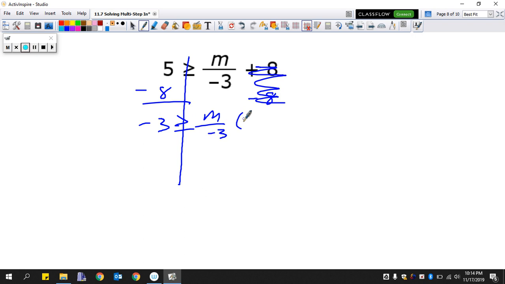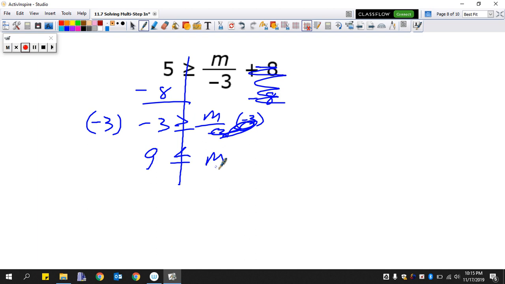So to undo the division, we multiply both sides by the denominator, which is -3, so it cancels out here. And we multiplied by a negative number, so that means this flips like that. So it goes from greater than or equal to less than or equal to. -3 times -3 is a positive 9, so 9 is less than or equal to m.